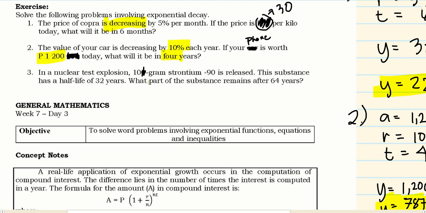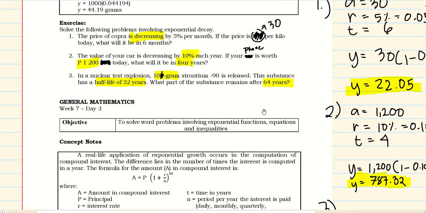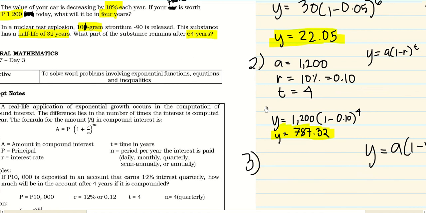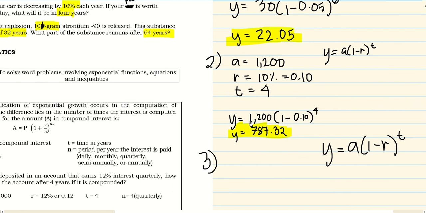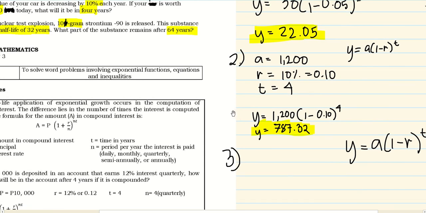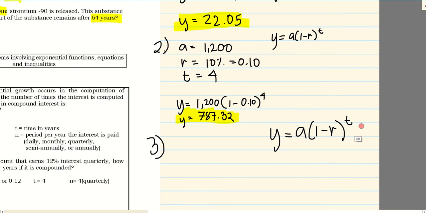So we have 10 grams. Strontium-90 is a chemical name. Then we have 32 years, that is the half-life of it, and then 64 years. We're going to add something to the equation, which is an n.